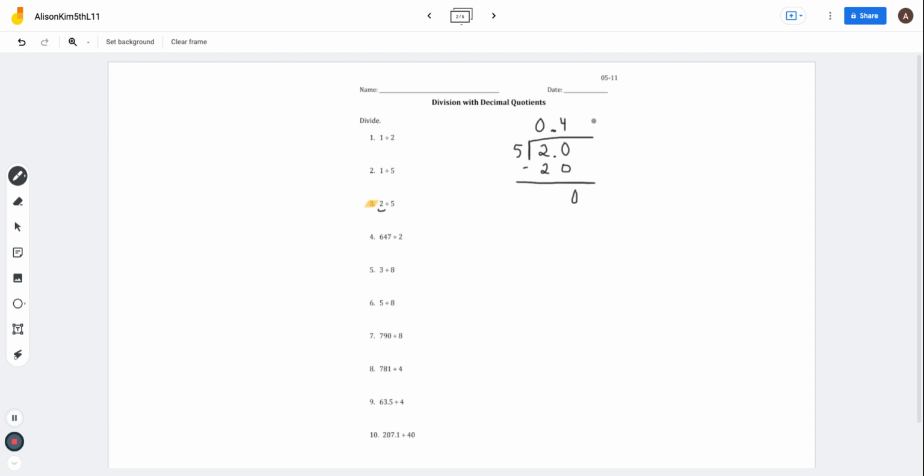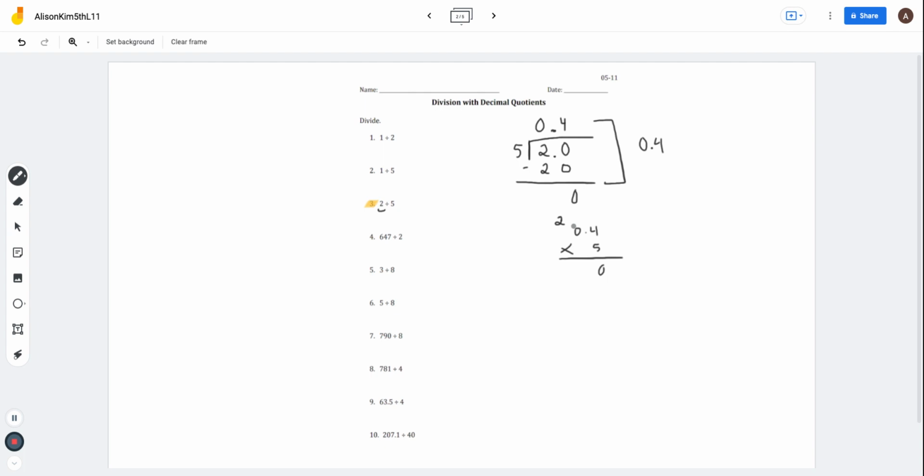So our final answer would be 0.4. Now, if you don't think that 0.4 is your actual answer, you could check your work by doing 0.4 times 5. When you multiply 0.4 by 5, you should get an answer of 2. So let's see what we get. 4 times 5 is 20, so bring down the 0, bring up the 2.